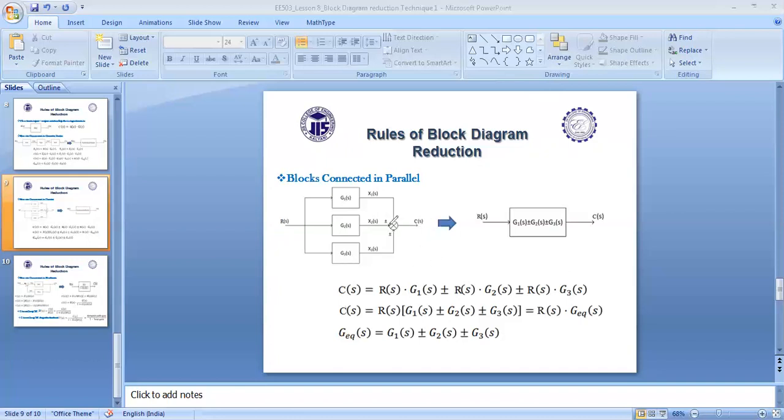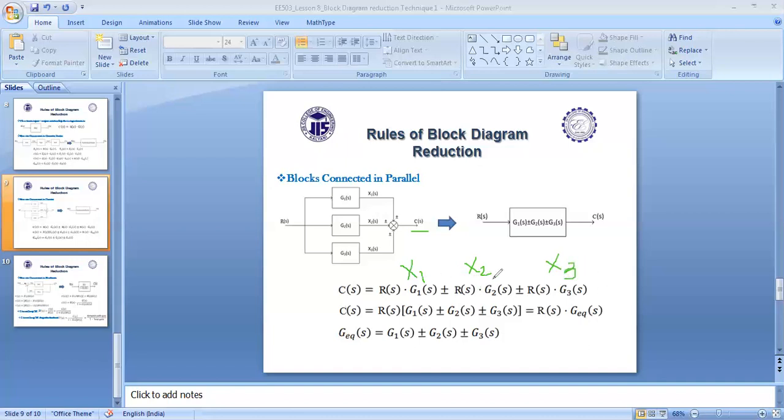Now, C(s) is the output of the summer. The inputs of the summer are X1, X2 and X3. So we can write C(s) as the addition or subtraction of these three: X1 plus or minus X2 plus or minus X3.